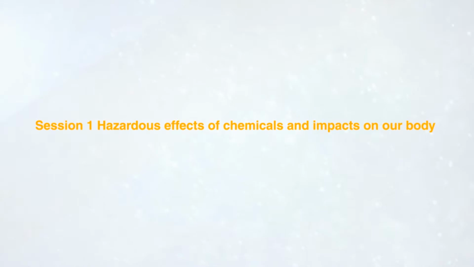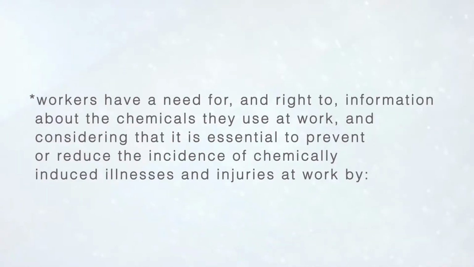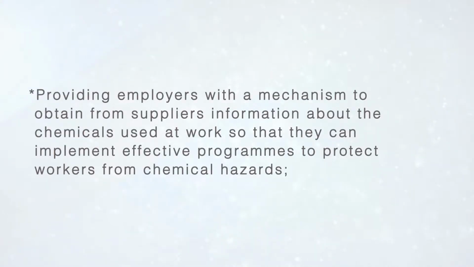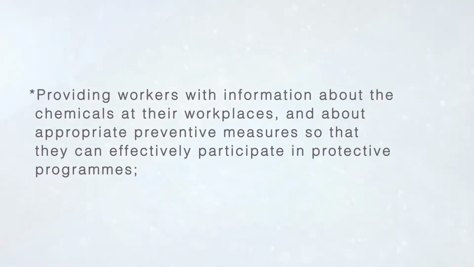ILO Chemical Convention C-170 states that workers have a need for and right to information about the chemicals they use at work, that it is essential to prevent or reduce the incidence of chemically induced illness and injuries at work by ensuring that all chemicals are evaluated to determine their hazards, providing employers with a mechanism to obtain from suppliers information about the chemicals used at work so that they can implement effective programs to protect workers from chemical hazards, providing workers with information about the chemicals at their workplaces and about appropriate preventive measures so that they can effectively participate in protective programs, establishing principles for such programs to ensure that chemicals are used safely.